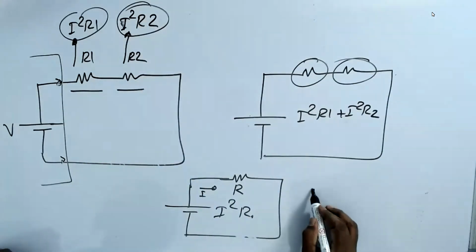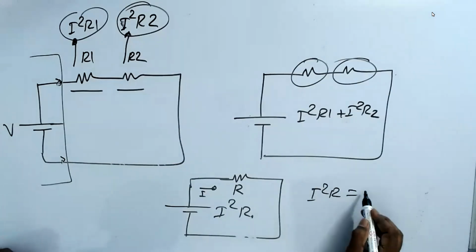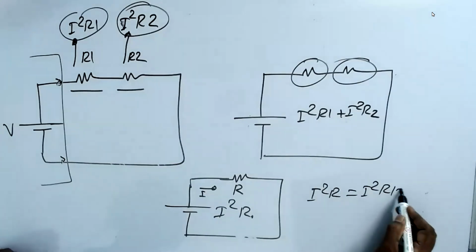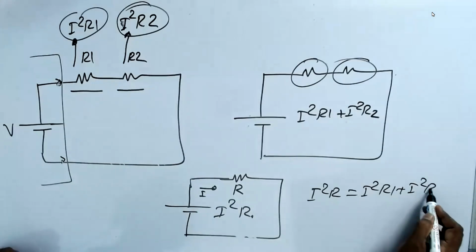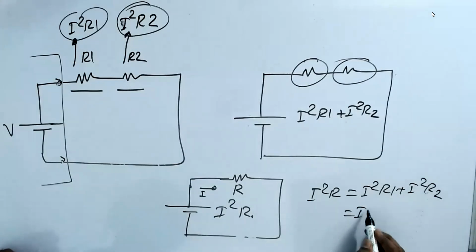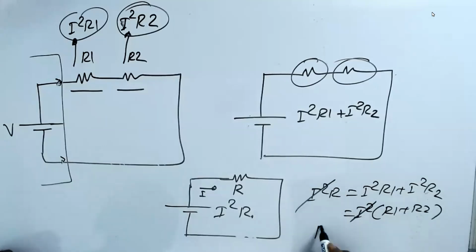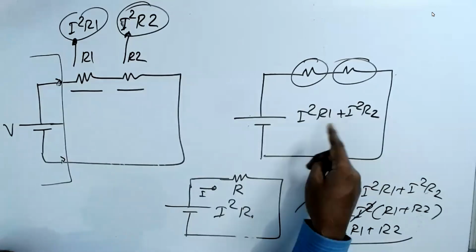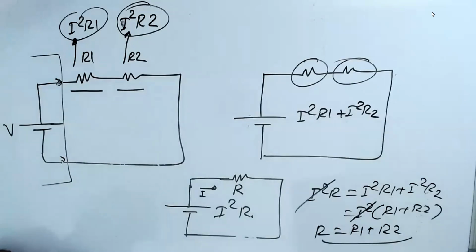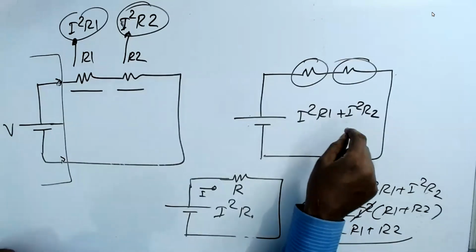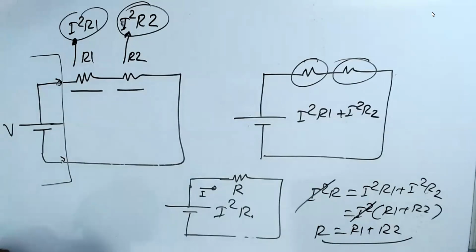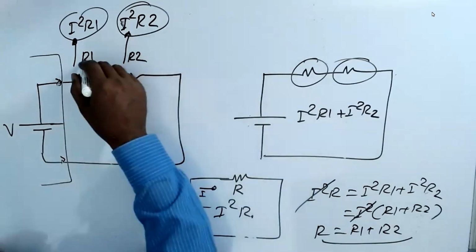So I square R is equal to I square R1 plus I square R2, which is equal to I square common times R1 plus R2. If you cancel I square on both sides, R is equal to R1 plus R2. Understand? So if you connect two resistors in series, then you can add them together just like that.